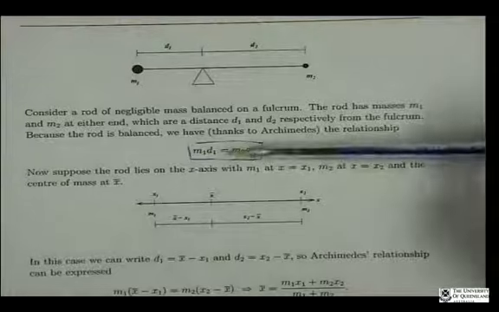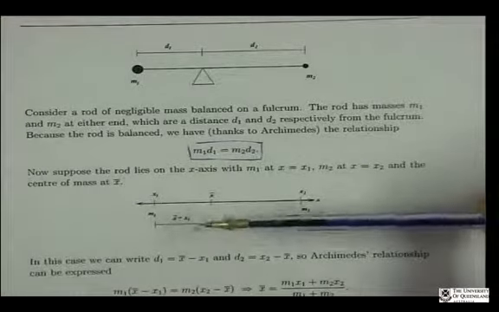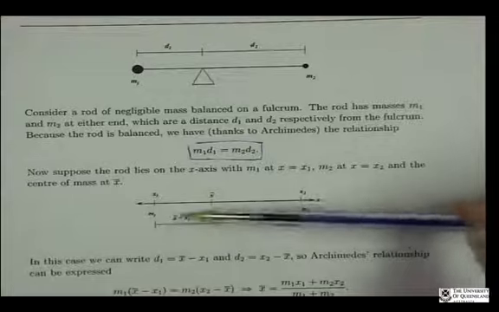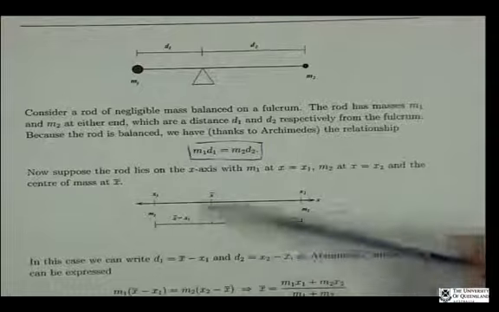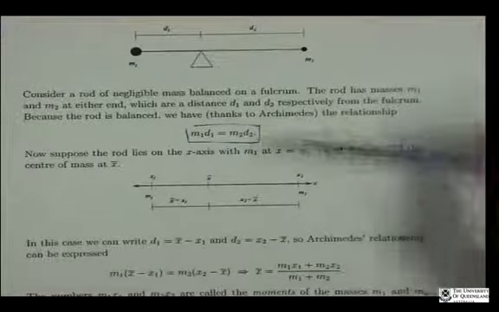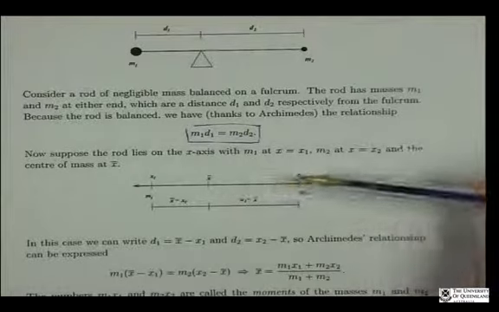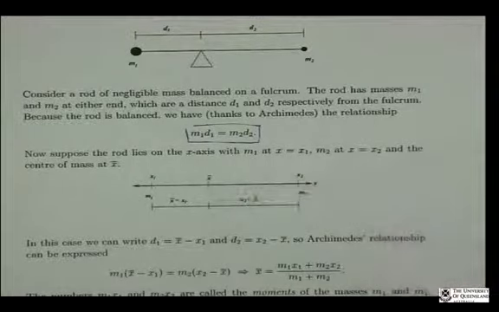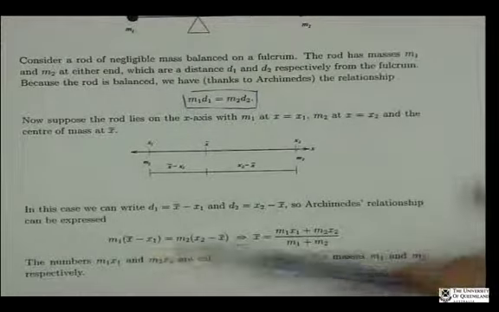So these distances, D1 and D2: I've just arbitrarily chosen to place D1 to the left. D1 is just going to be x bar minus x1, with the positive x direction being to the right, following convention. And then D2 will just be the difference between these two coordinate values, x2 minus x bar. We can represent the law of the lever in terms of these coordinates now.